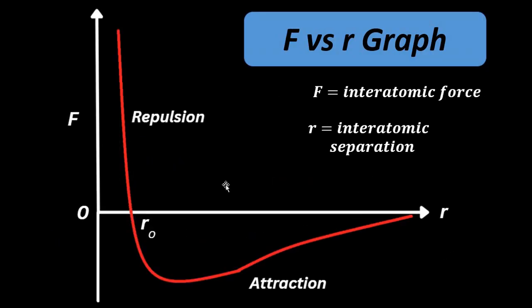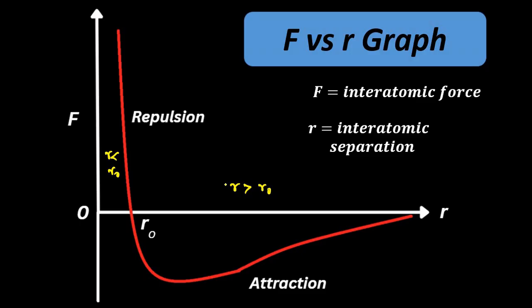The same nature is seen in the interatomic force versus interatomic separation graph. From here to here, the interatomic separation is greater than the equilibrium separation distance. So the interatomic force is negative, which represents attractive nature. Once the interatomic separation is lesser than the equilibrium separation, the interatomic force becomes repulsive in nature.